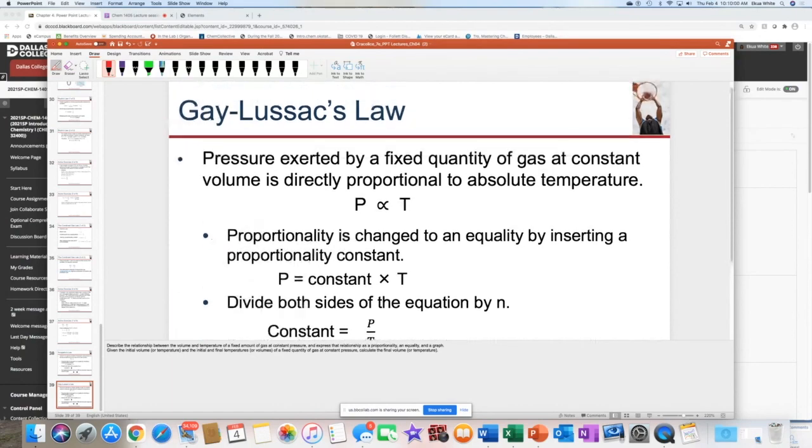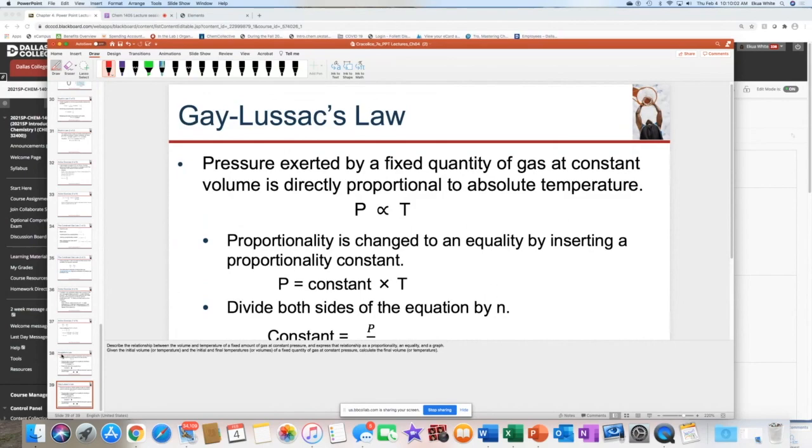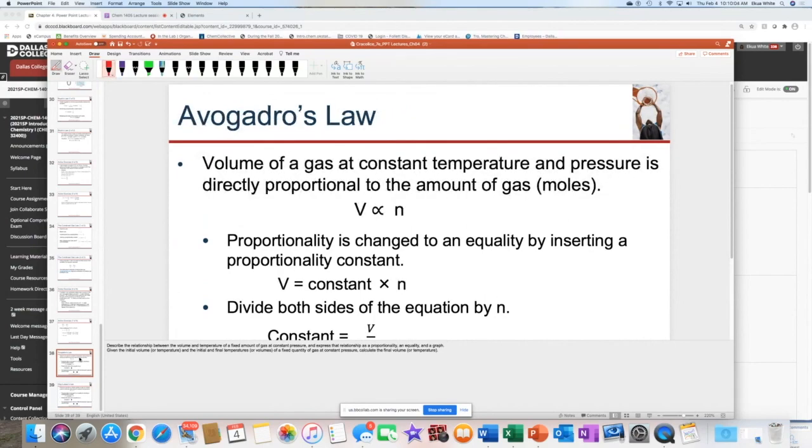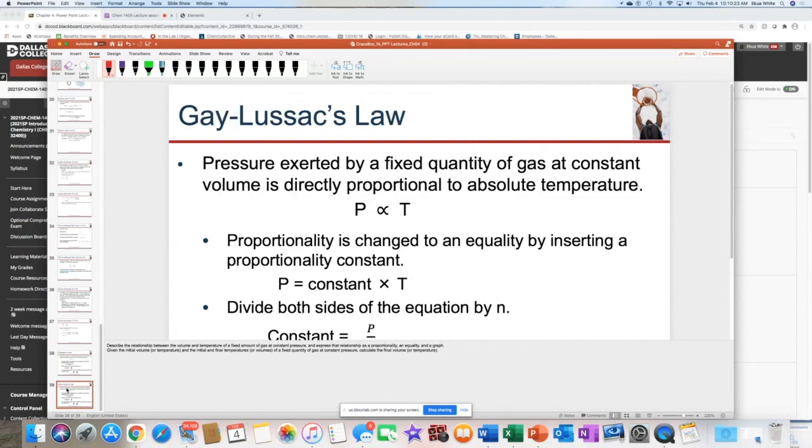I just realized you can't see what I'm writing. I'm trying to make sure I have all these copied down. Avogadro's law talks about volume related to number of moles. Then Gay-Lussac's law talks about pressure related to temperature.